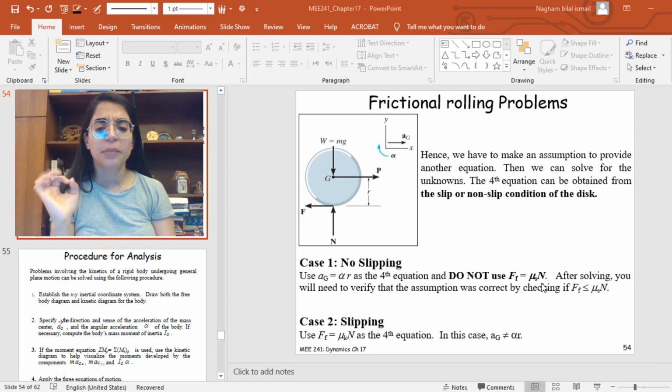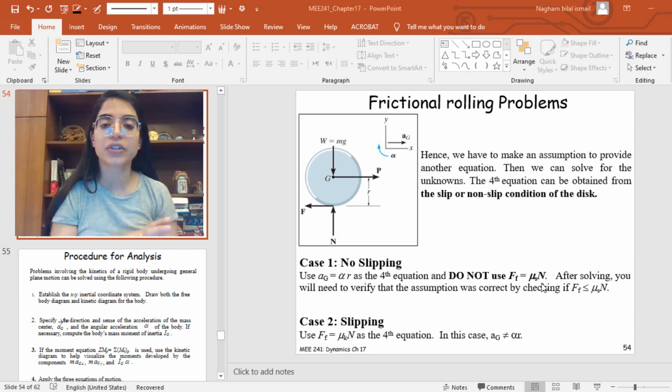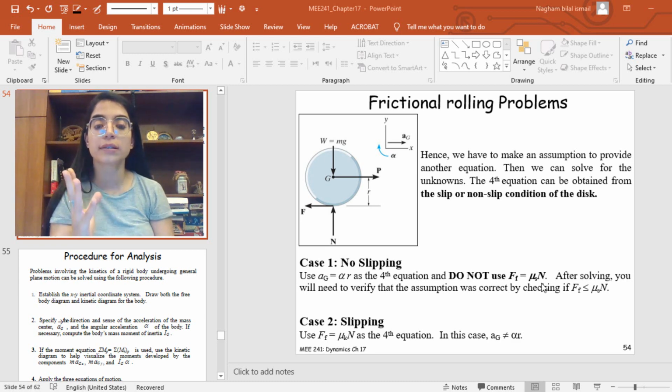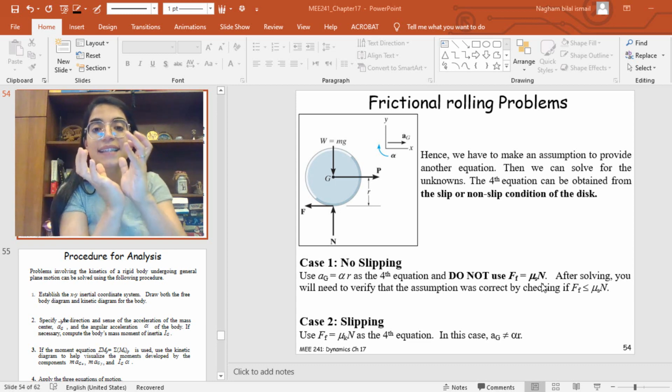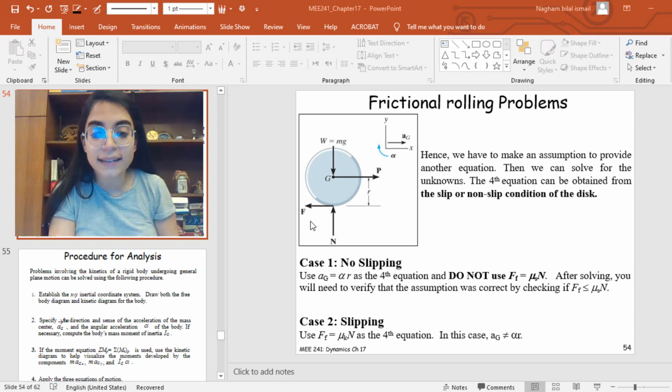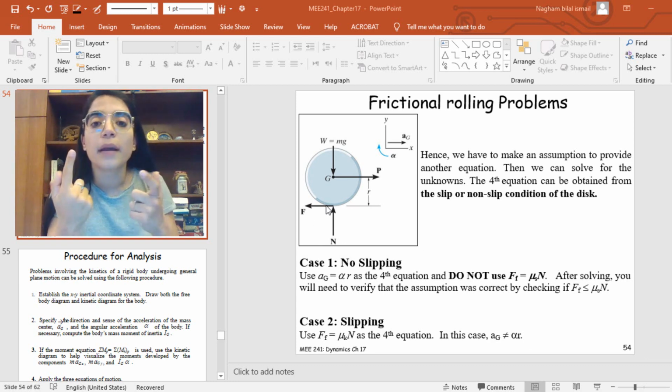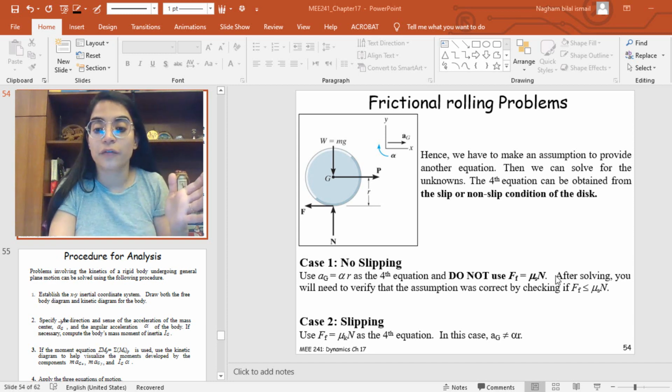Why? Because in this case where no slipping occurs, what does this mean? This means that this disk or cylinder is not sliding at this point, which means the frictional force does not overcome the static friction.